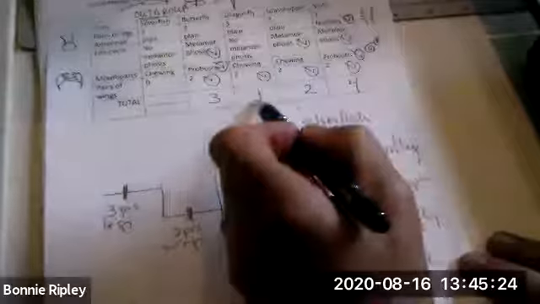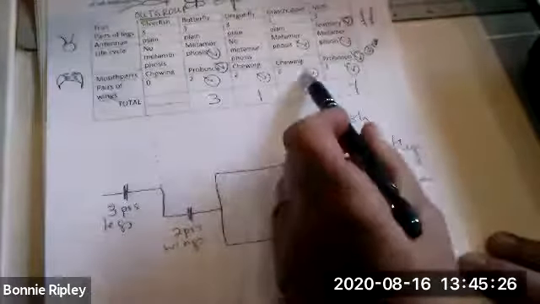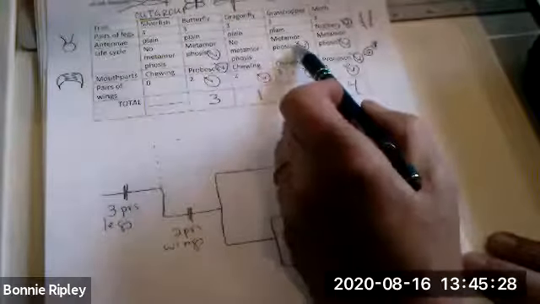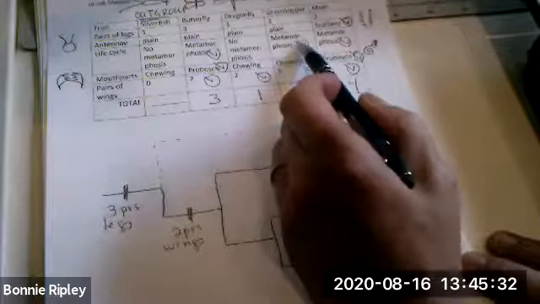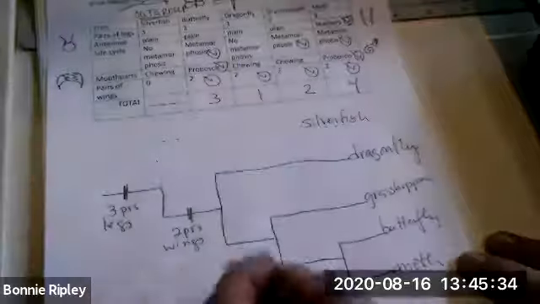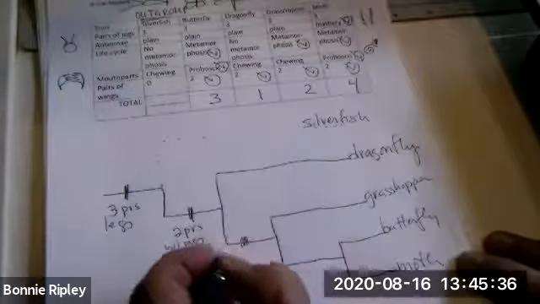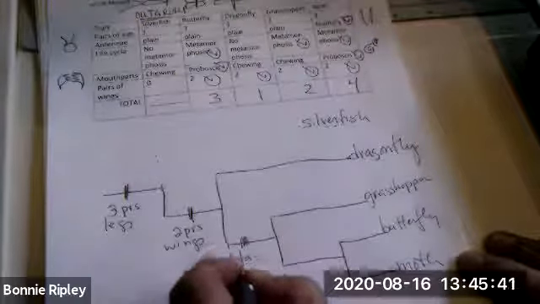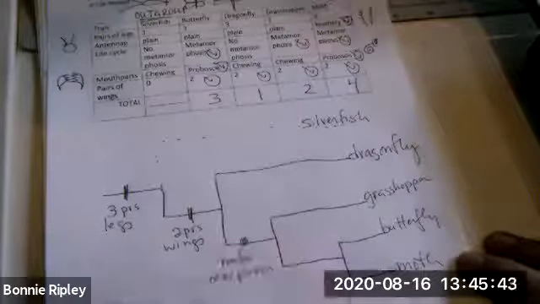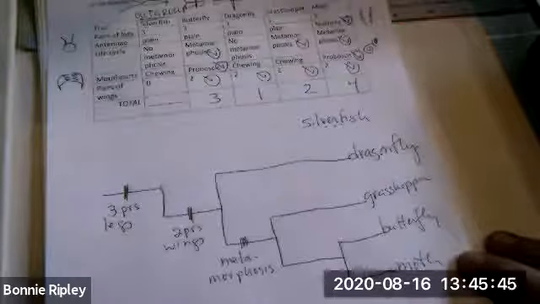So here we have dragonfly, here we have grasshopper, they're the same here. This is different, all right? So metamorphosis evolved in this tree before grasshopper, but after dragonfly. All right, so our grasshopper has it, our butterfly and our moth have it.